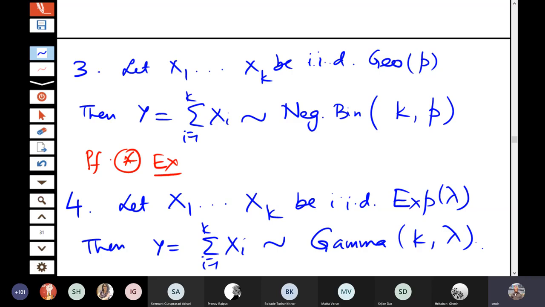Finally, you can prove the linearity property of the normal distribution also using the same approach here.